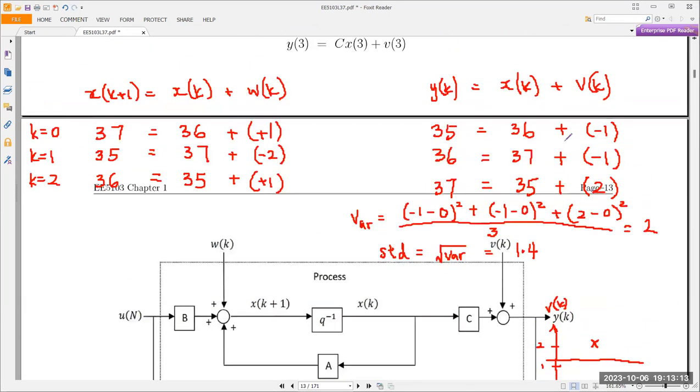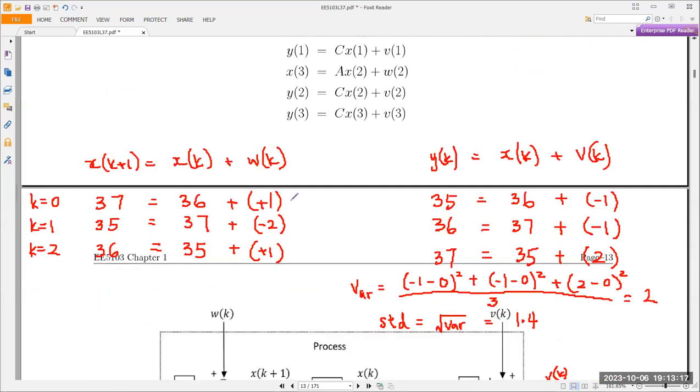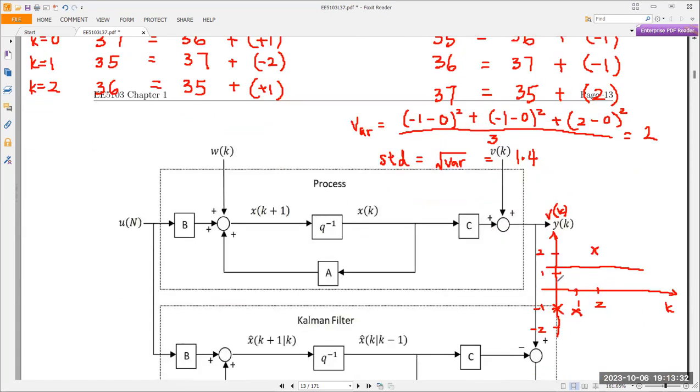So R1 and R2 would be the variance calculated like that, which means you take a Gaussian independent random variable with a standard deviation of 1.4, and you can generate 10,000 numbers. It will fluctuate like that.